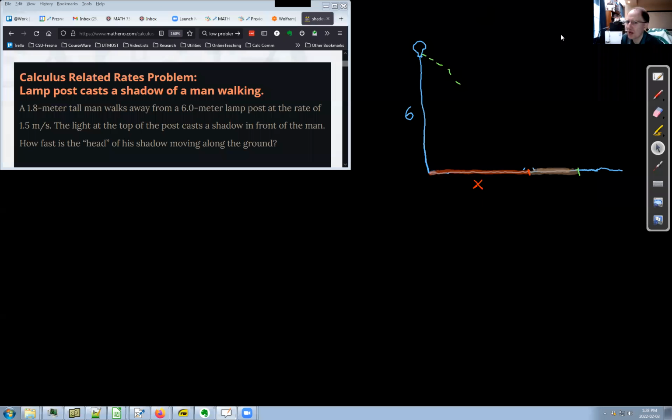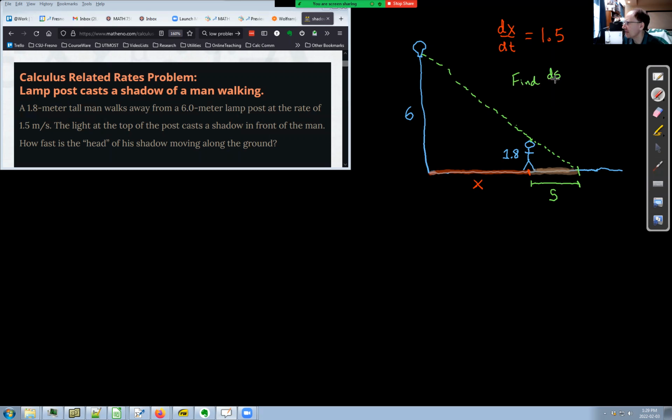The common mistake that it's very easy to make is that a lot of people will focus on the length of the shadow. So this thing right here, which I guess I'll call S for shadow. Then they'll do the problem and find ds/dt.